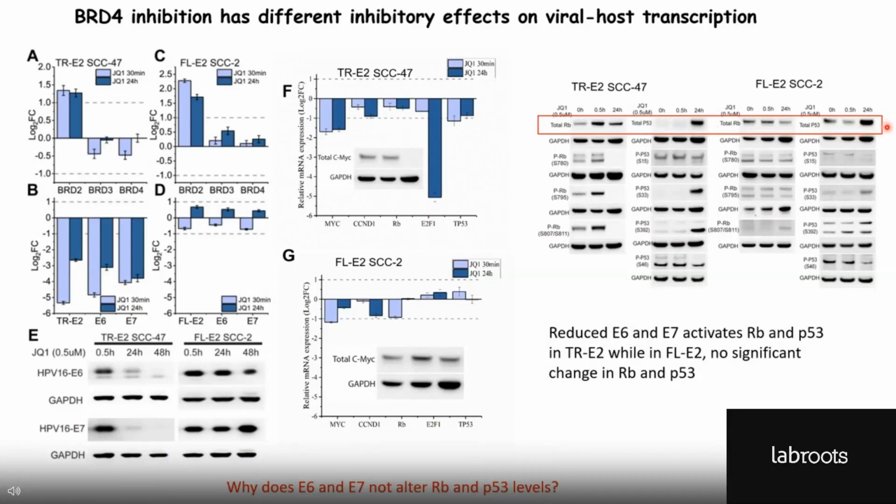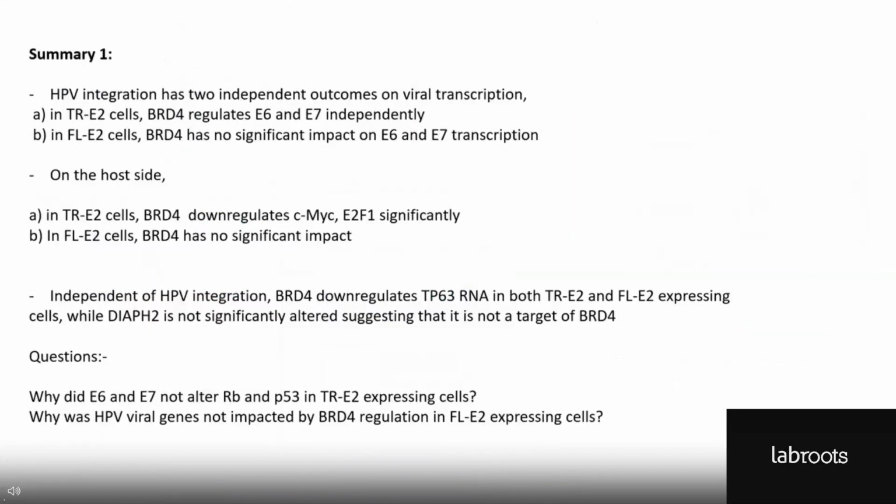Despite p53 and RB coming back up in this particular case, in the full-length E2, the RB was also coming back up, but had no significant impact towards cell cycle, which I'll show you in the subsequent slides. So the summary here is that in truncated E2 cells, BRD4 regulates E6, E7 independently.